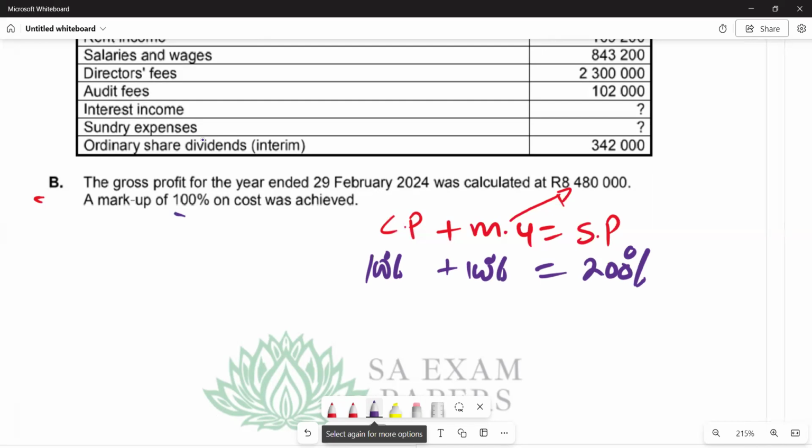You can use this proportional representation to find the figure for our sales. Our markup, which is 100% in this case, is equal to 8,480,000. We then try to find our selling price, which is 200% in this case, and that is the figure we are looking for.